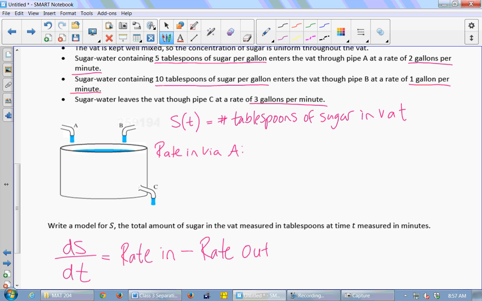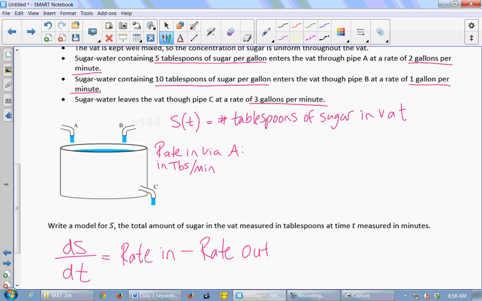Tablespoons per minute. Yeah, because S is being measured in tablespoons of sugar, and t is being measured in minutes. So dS/dt we should be measuring in tablespoons per minute, right? The numerator units over the denominator units. So I need the rate in via pipe A in tablespoons per minute.